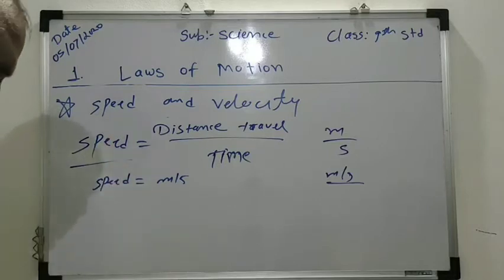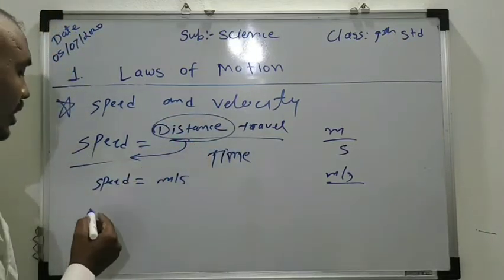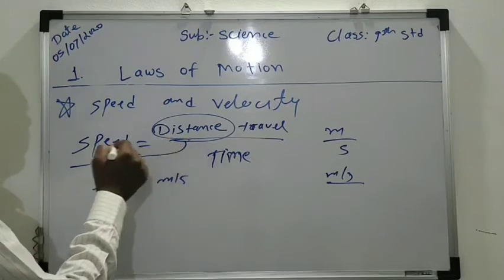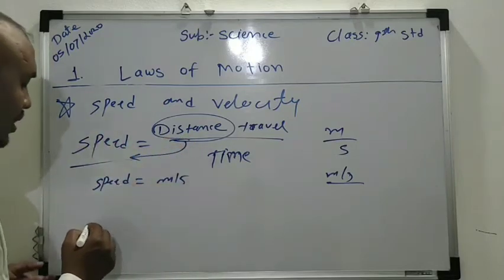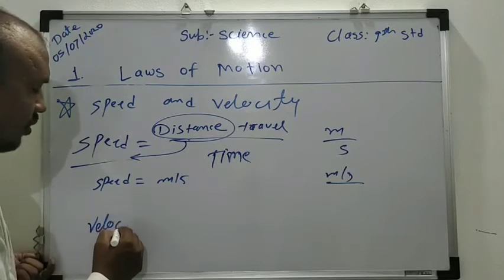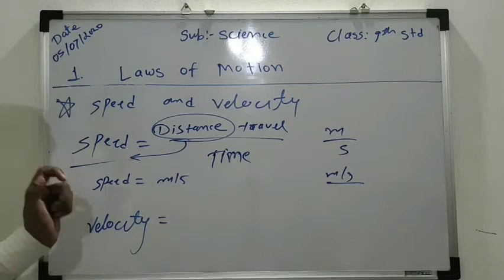The displacement that occurs in unit time is called velocity. So distance is the term related to speed, and displacement is the term related to velocity.